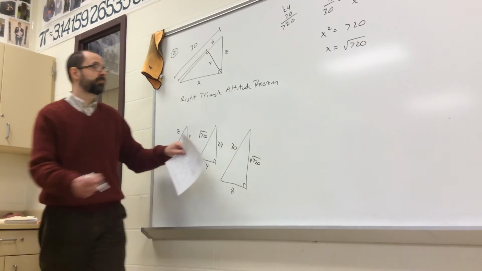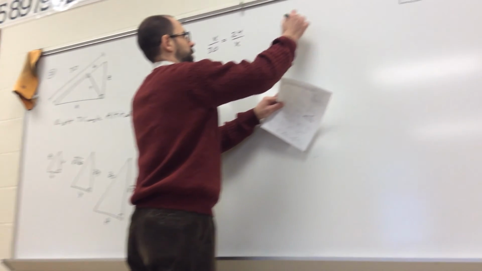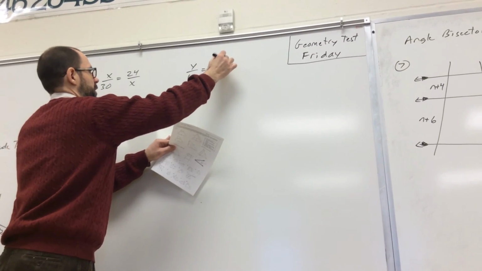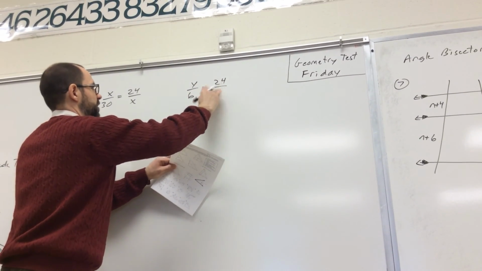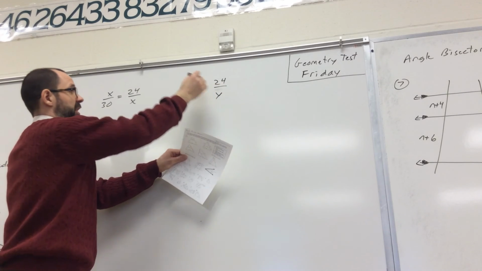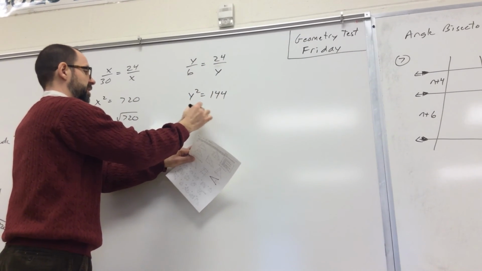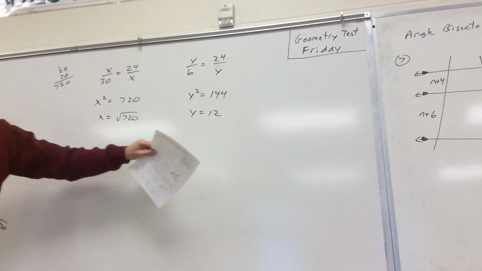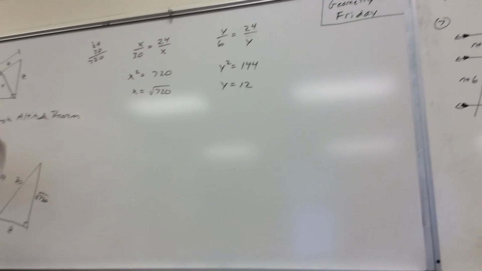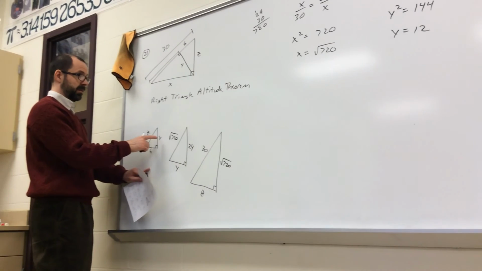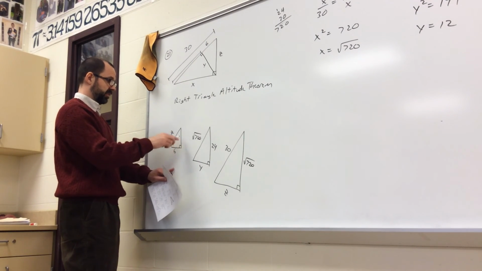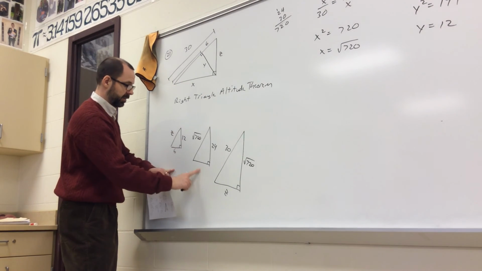Everybody seeing that? That's going to help us because then we can solve for y. So y times y is y squared, 24 times 6 is 144, so that one comes out to 12. We got 12 for y.